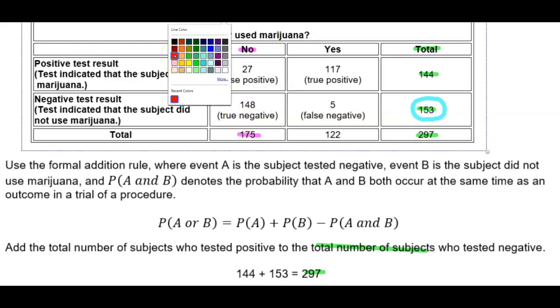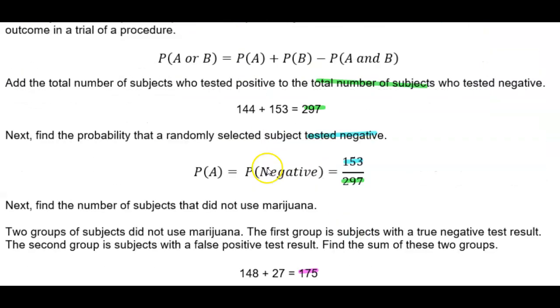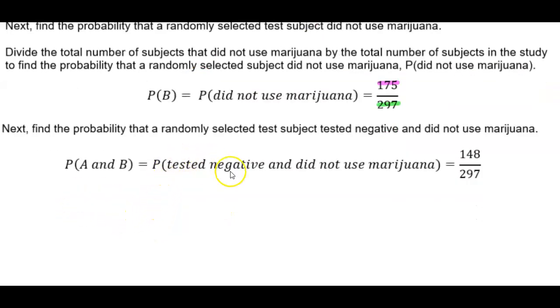So basically, that would be this result, because it's counted in the row and it's counted in the column, meaning that it's counted twice. And because it's counted twice in the column and in the row that we're using, we need to make sure that we subtract that result, which is why we get the following. The probability of A and B is equal to the probability that he tested negative and did not use marijuana, which is 148 over the 297.